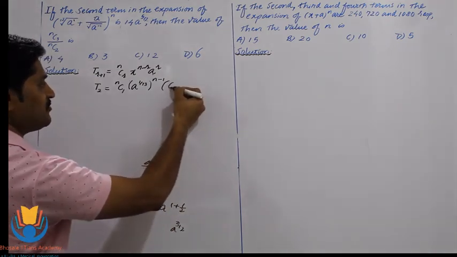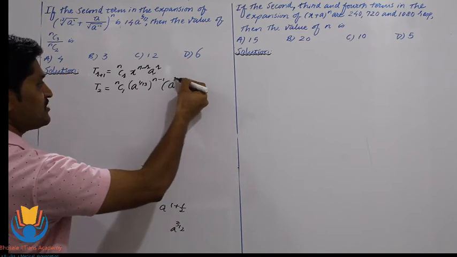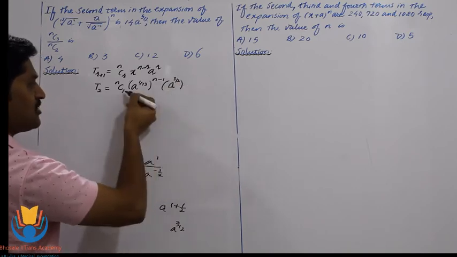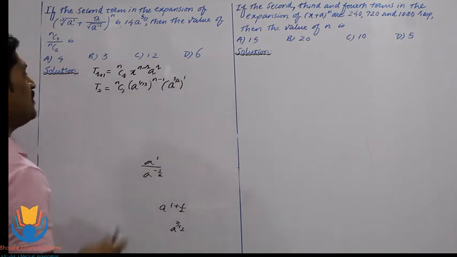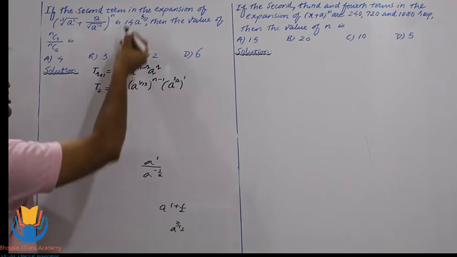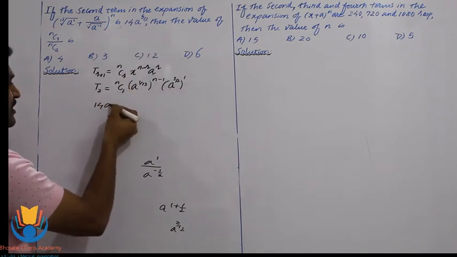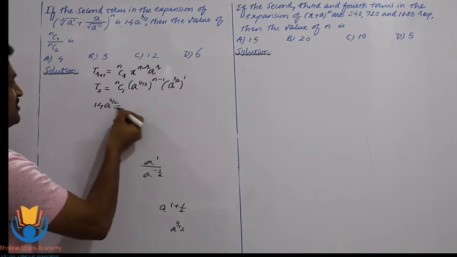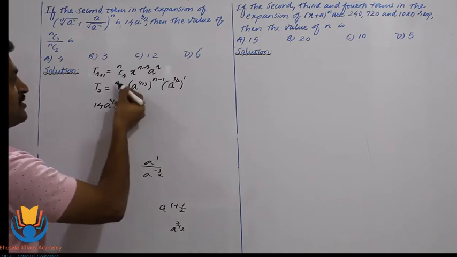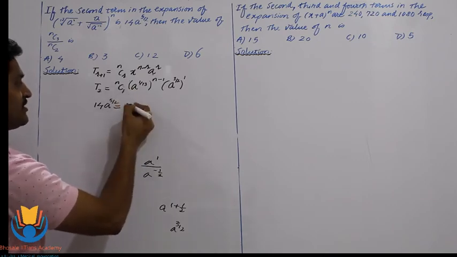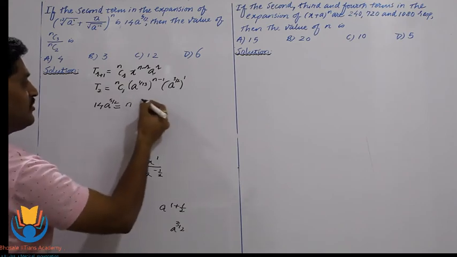So here the value of a in this formula is a raised to 3 by 2, and that whole raised to 1. But the value of this t2 is given to be 14 a raised to 5 by 2, which is equal to here 14. The value of 14c1 is always n. So let's simplify it.